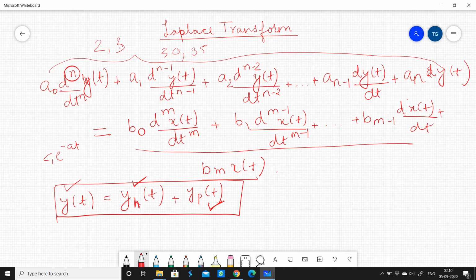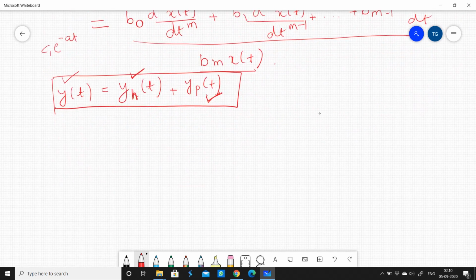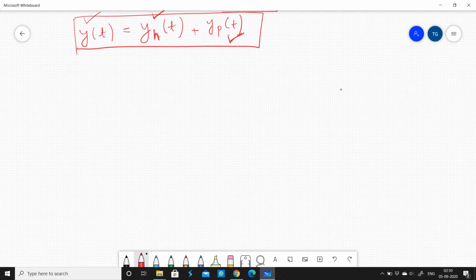So to avoid that, in case of higher order differential equations, to find the solution and to represent that kind of linear time invariant system, we use a very powerful tool, that is the Laplace transform.